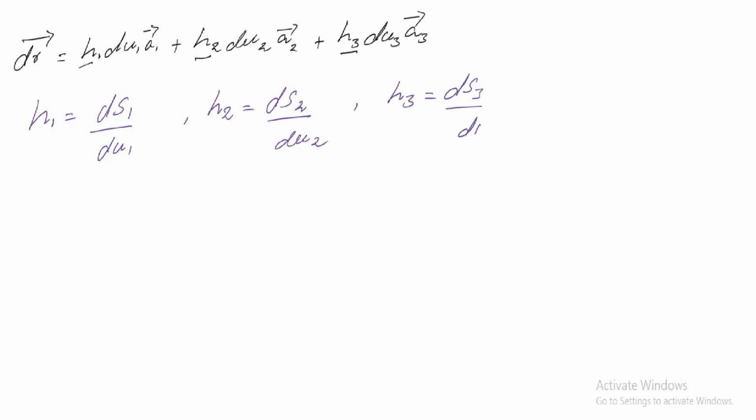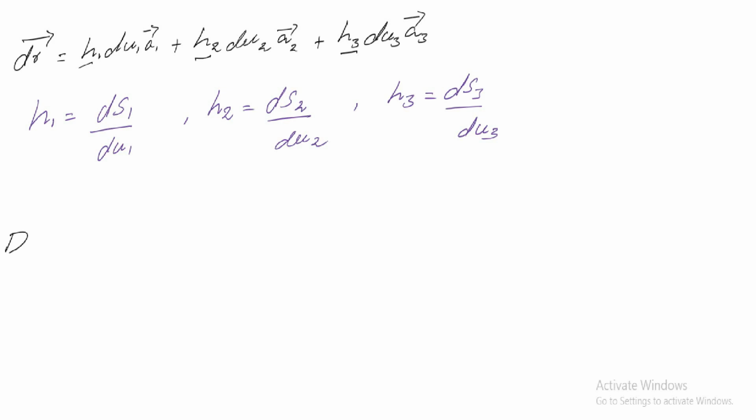These ds1, ds2, ds3 are called the displacement in the direction of u1, displacement in the direction of u2, displacement in the direction of u3. So this is your differential displacement vector. Similarly, differential area.